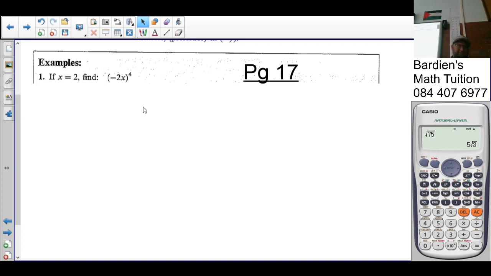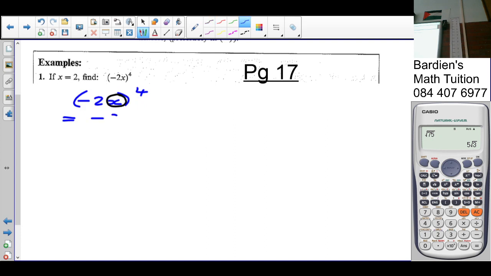Okay? You guys remember how to do this? Yes? You forgot? Okay, so basically what we do is if we say negative 2x raised to the exponent 4, remember the x is now equal to 2.